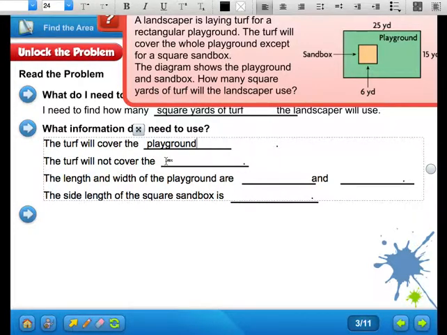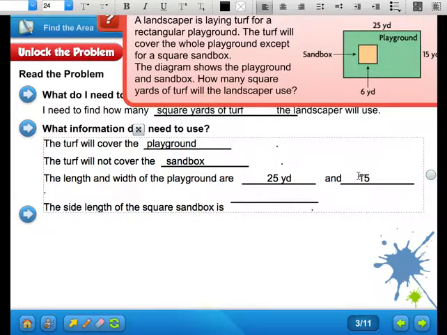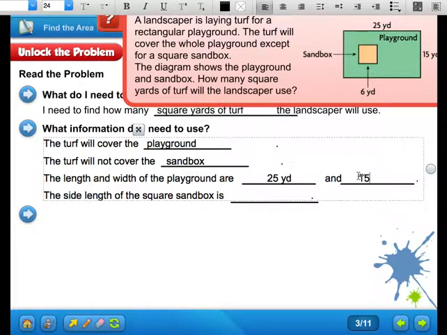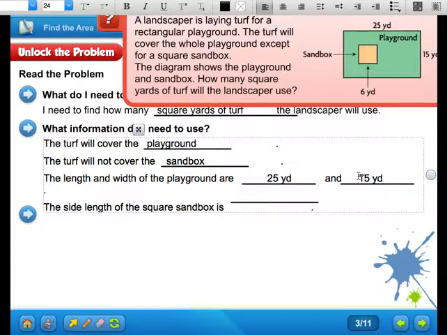The turf will not cover the sandbox. The width of the playground is 25 yards and 15 yards.